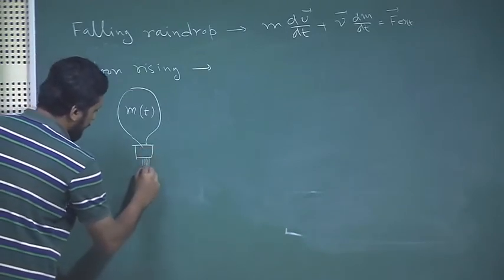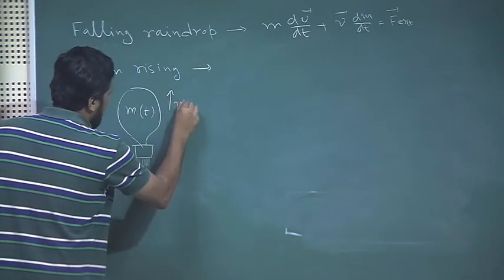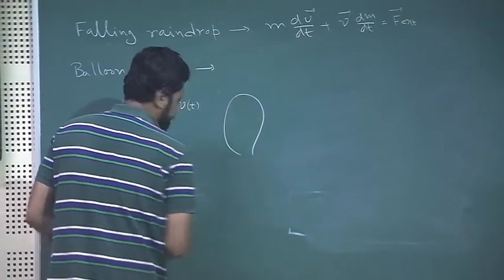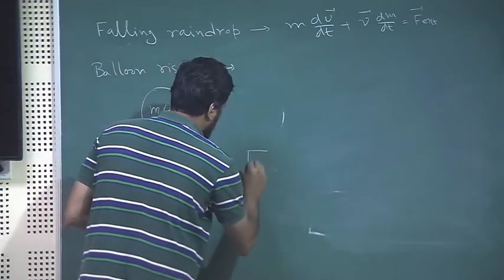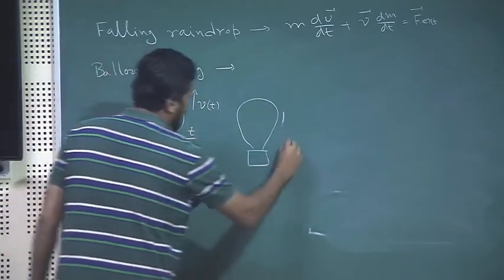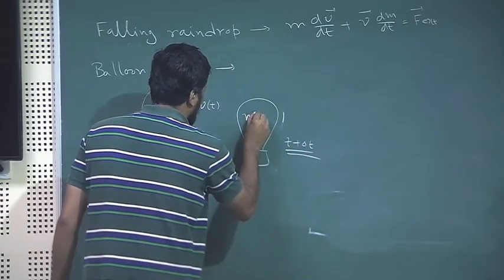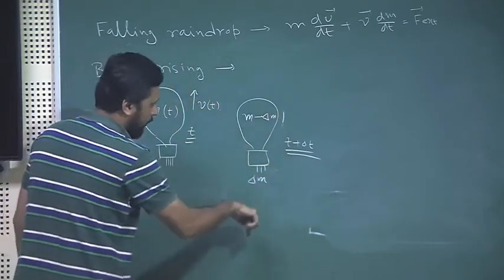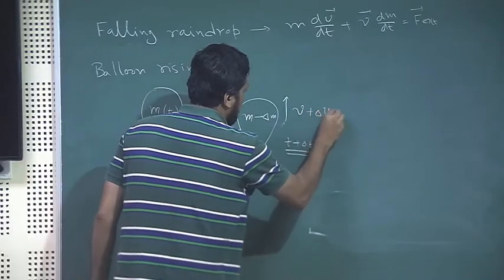Let us say at time t, the velocity of the balloon is v of t, and at a later time t plus delta t, we once again have m minus delta m, because delta m amount of sand has gone down, and the velocity is increased from v to v plus delta v.